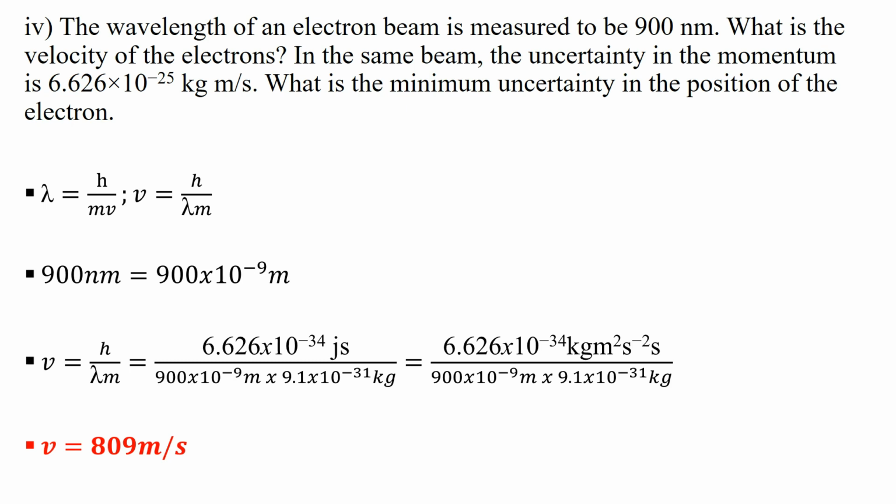For this one, we use the de Broglie wavelength formula, which says the wavelength is equal to h divided by mv. Then we rearrange the terms and obtain v equal to h divided by wavelength times the mass. So we need to change the wavelength that was given from nanometer to meter. Then after changing it, we calculate the velocity of the electron. After replacing the values, we get the velocity which is equal to 809 meters per second.